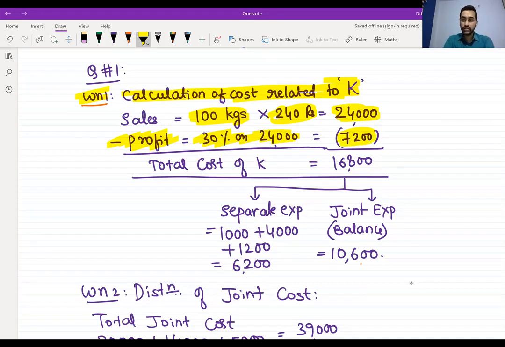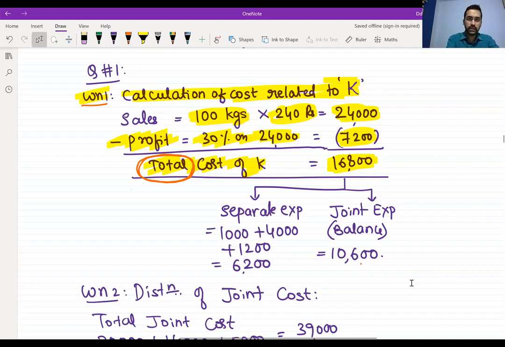With this, you will get total cost of K, that is 16,800. You must observe an important word here: total cost of K, 16,800. Total cost should include some separate cost and some joint cost.